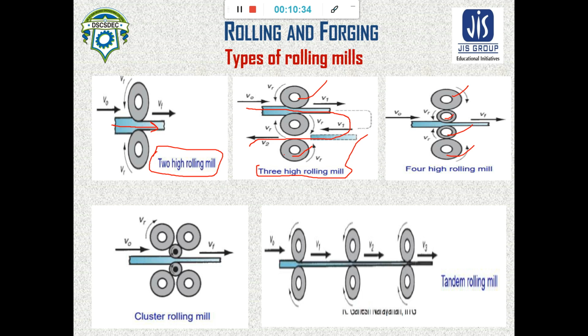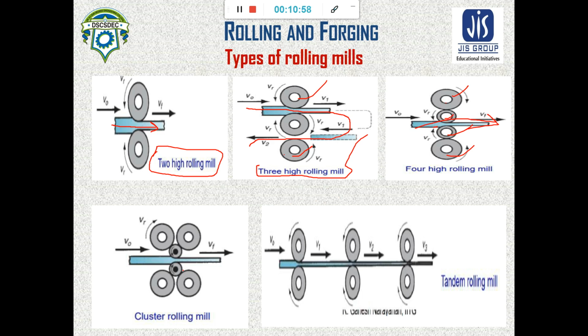These idler rolls rotate due to the friction between the rotating rolls and the material stock, and the direction will be different. The material passes through, and here the reduction is very large.